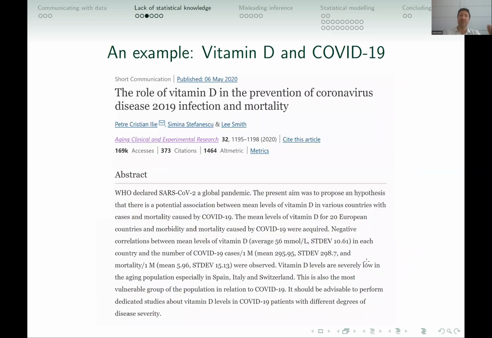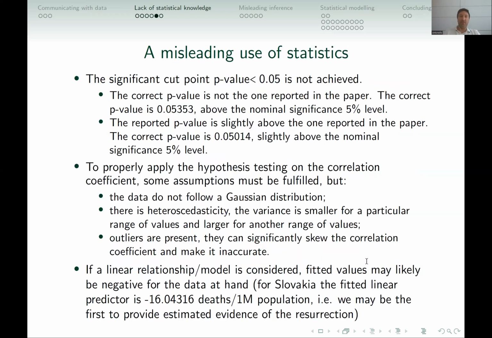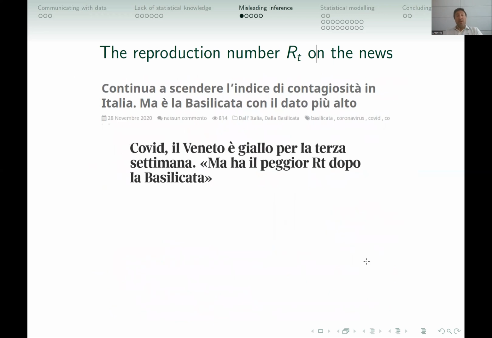The paper itself has 373 citations and more than 700 on Google Scholar. So the lack of statistical knowledge may produce a bias in the research, but at the same time, in Italy, newspapers talked a lot about the effect of vitamin D, and there was an increase in the selling of vitamin D in Italy. So someone made money out of it.